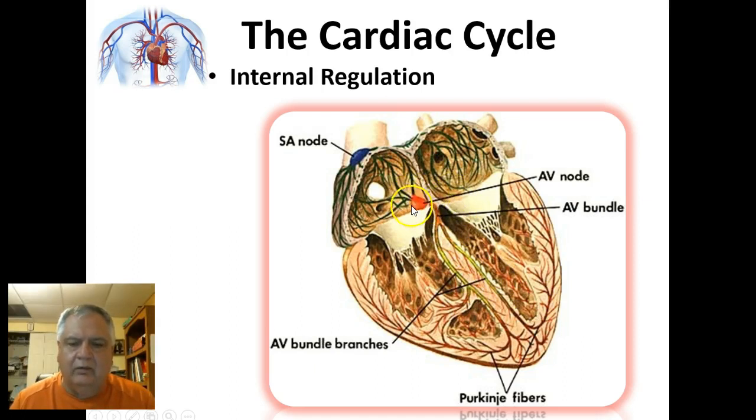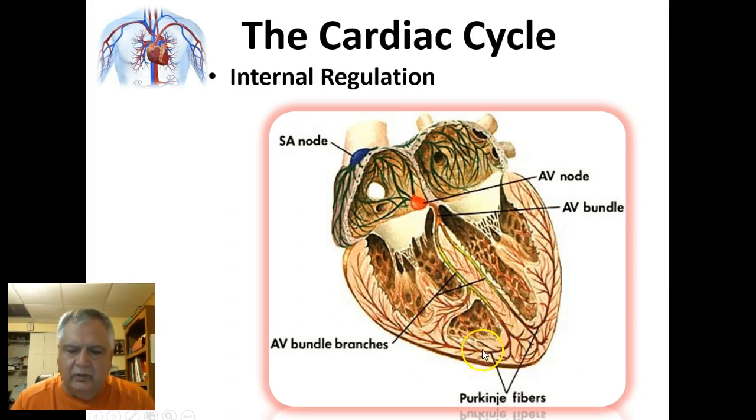So we have to gather up the signal, and that's the job of the AV node. Notice how the fibers connected to the AV node gather up the signal and then transfer the signal into the AV bundle. From the AV bundle into the bundle branches, and the bundle branches now will carry the signal down to the apex of the heart.